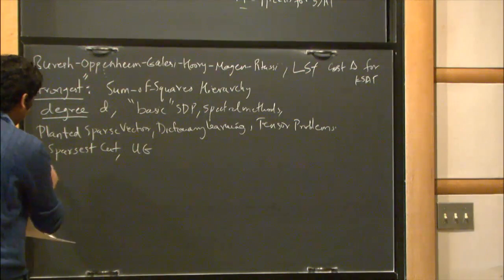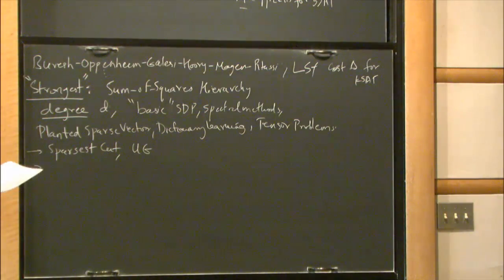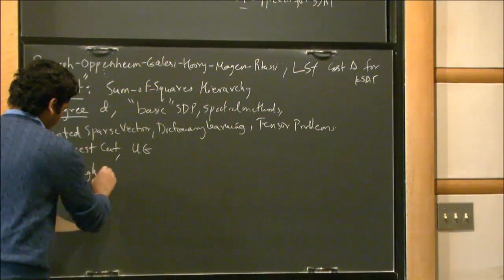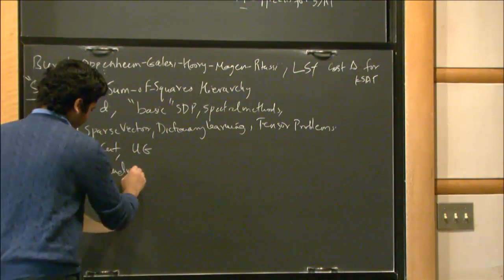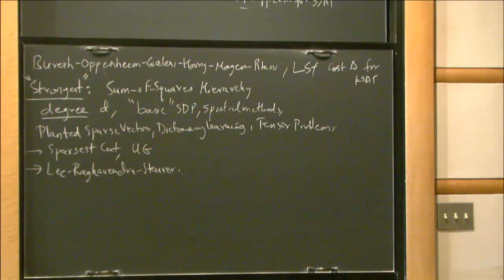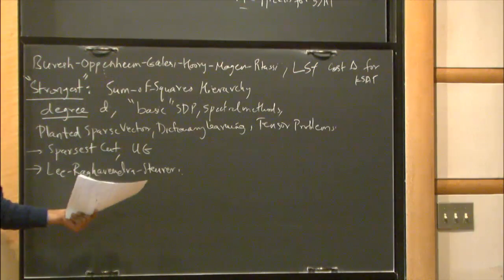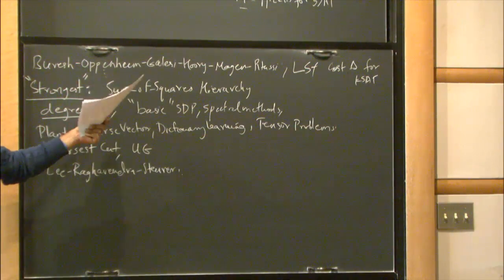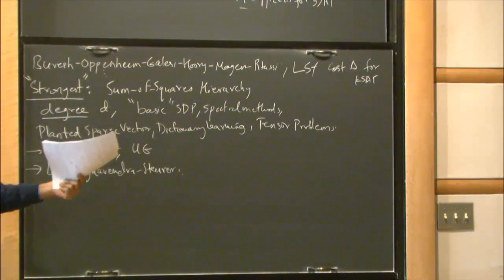And one very strong reason to care about it in the context of CSP is this recent paper of Lee, Raghavendra, and Steurer, who showed that if you look at all polynomial size semidefinite programming relaxations for the CSP problem, then amongst all polynomial size SDPs, the polynomial time sum of squares algorithm is just as good.